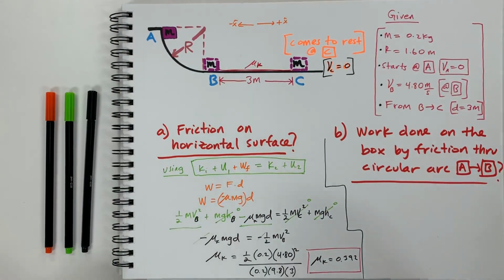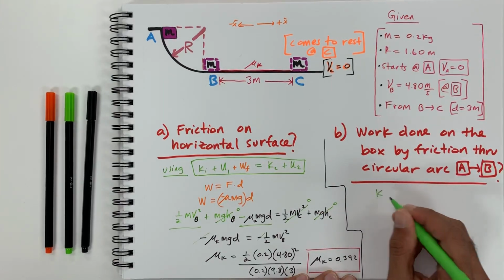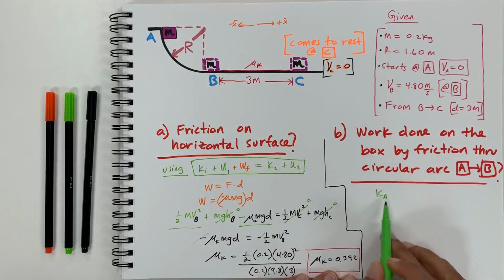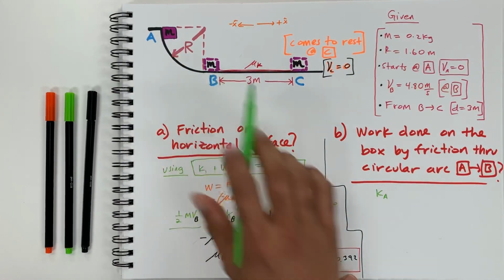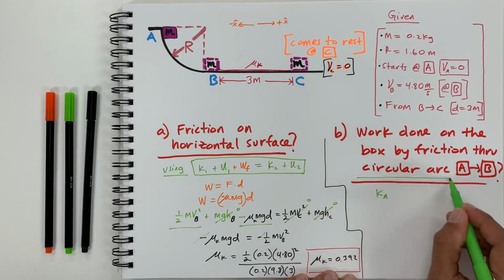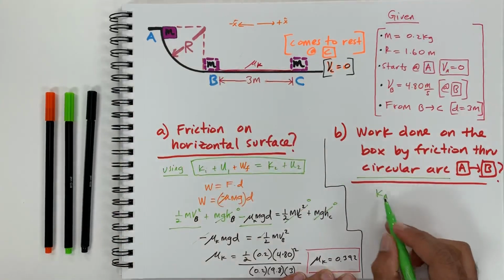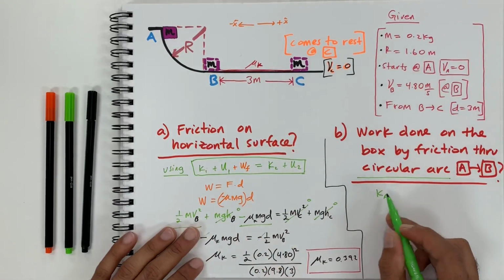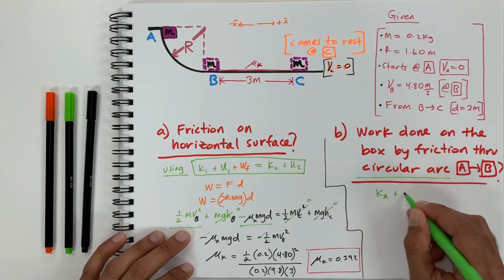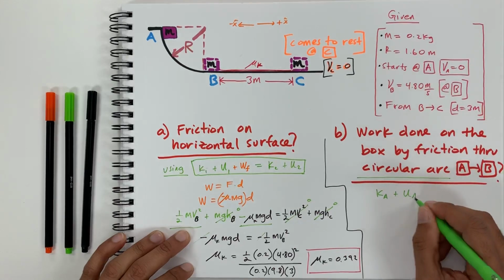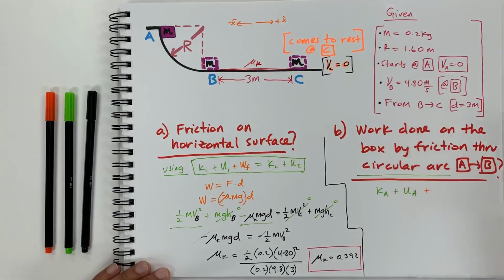So again, we're going to use conservation of energy. So we want to do kinetic energy initial, and this time it's at A. So we're starting from here and we're going here because we want to know through the circular arc. Okay, so from A to B. So we're starting at kinetic energy initial at A plus potential energy at A, plus work.